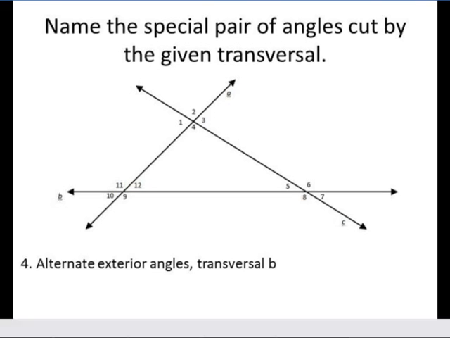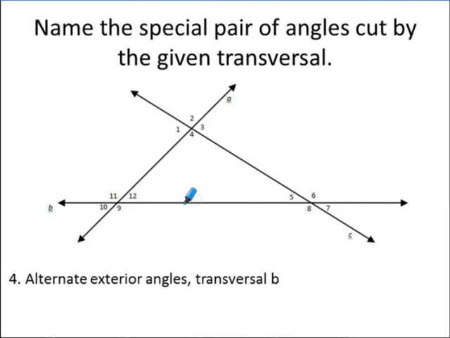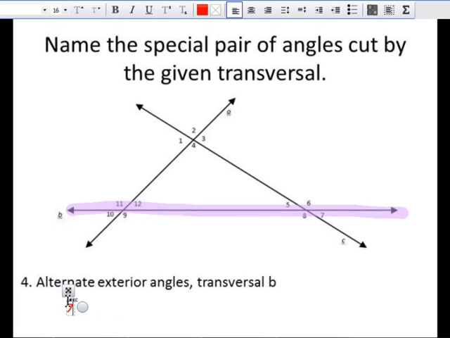Let's look at here. B is the transversal now, so here's the transversal down here. Alternate exterior angles, so opposite sides and on the outside. So this would be angles 7 and 11, and then 6 and 10. 6 and 10 are good.